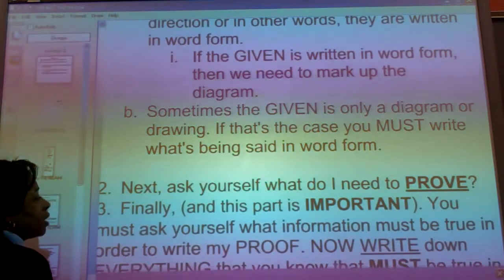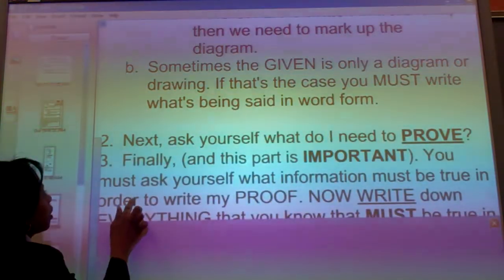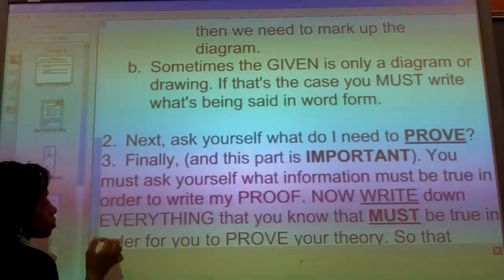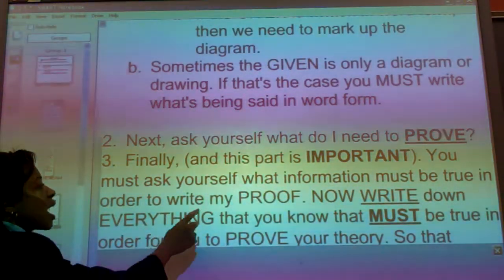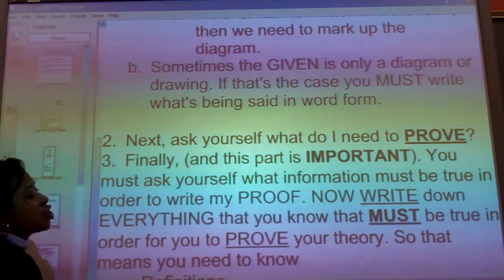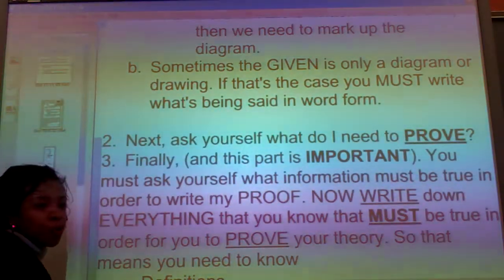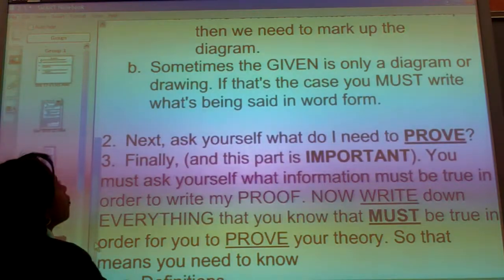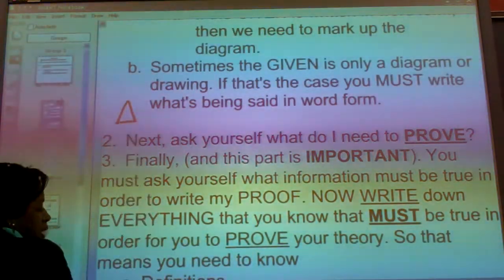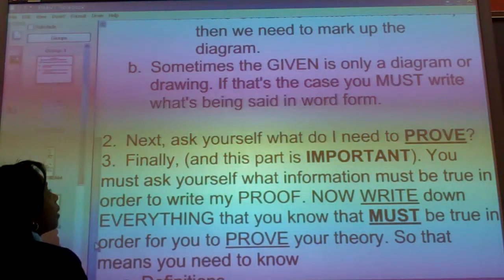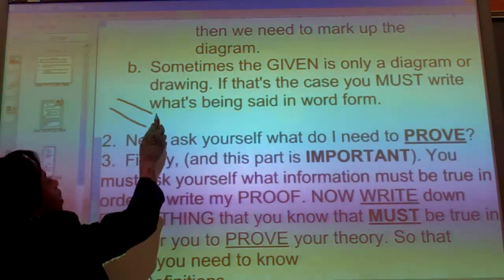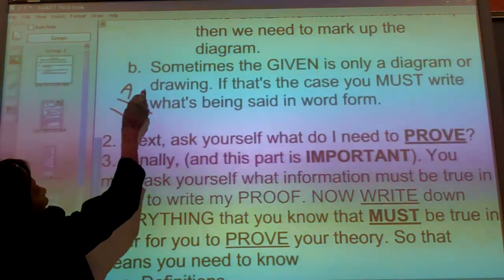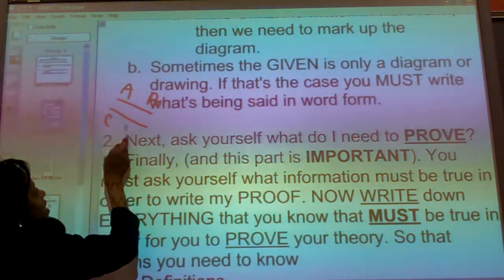Number 3, finally, this is a long one. This is very important. This is the most important part of this. You must ask yourself, what information must be true in order to write your proof? Okay? For example, if I say I have, and I'm going to do segments instead of a triangle. If I have 2 congruent segments, you immediately say, they say prove that segment AB is congruent to CD.